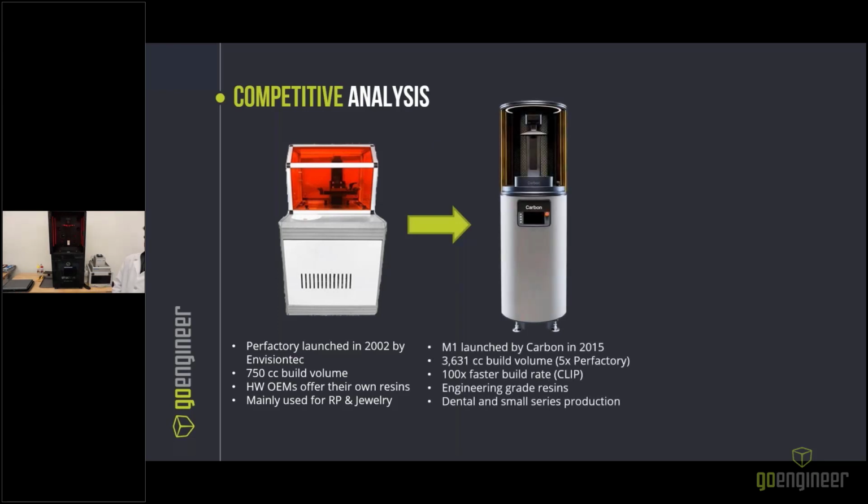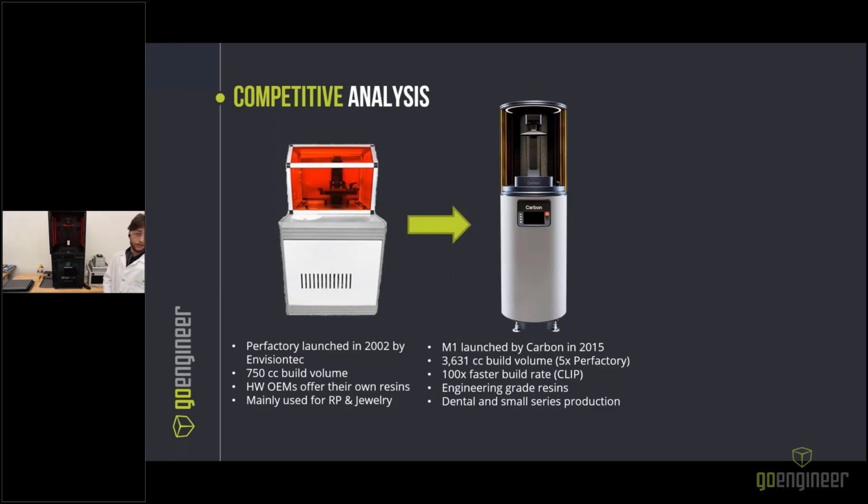In 2015, Carbon launched their M1. This had a 3,600 cc build volume, or 5 times the size, with a new DLP technology called CLIP, or Continuous Liquid Interface. This vastly increased the speed and the quality of the printed parts.